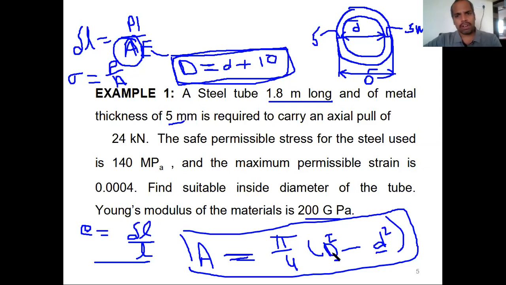Substitute capital D is equal to small d plus 10, so that in the entire equation there is only one unknown. The other is a numerical value, which you know. So from that you can calculate small d, or if you want, you can take small d is equal to D minus 10, either way.